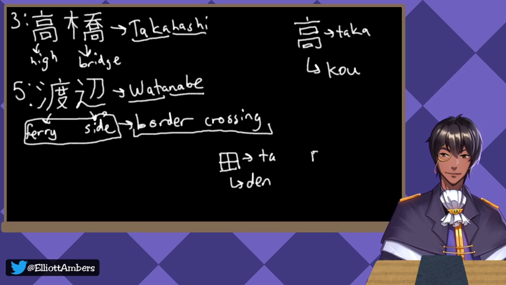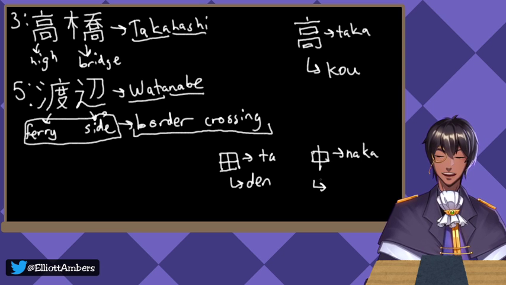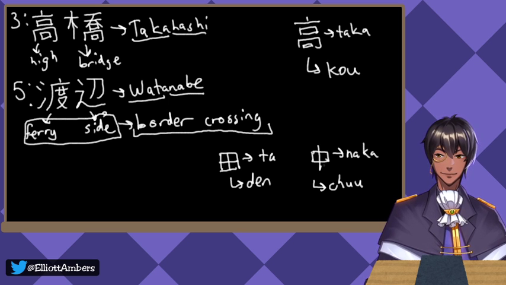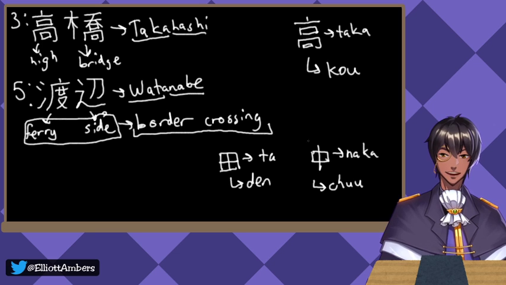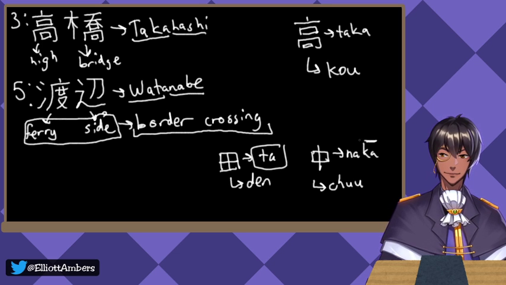Or how center is Naka, but in compound words, or the original Chinese reading, that's Chu. Think chunibyo, or middle school. So, for all the names that we've looked at so far, they use these Japanese readings.